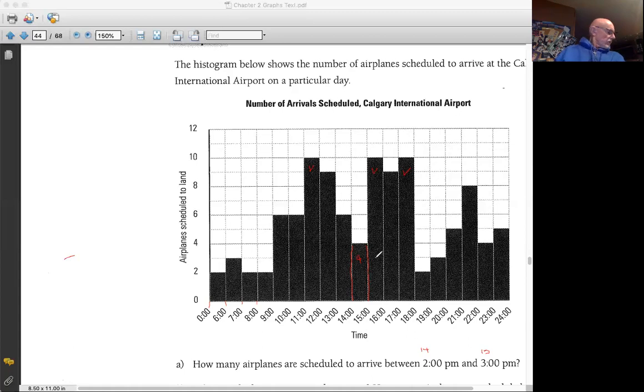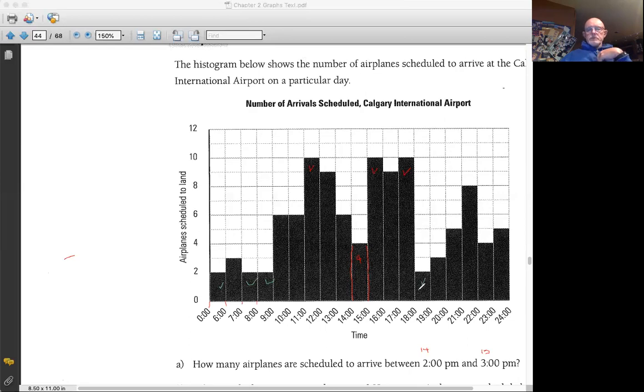Now, the next question is what is the quietest time? If you look at this as you would a normal bar graph, you'd say, okay, this guy here is 2, this guy here is 2, this guy here is 2, and this guy here is 2.